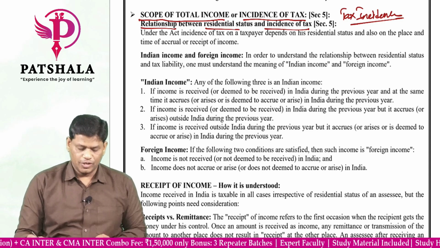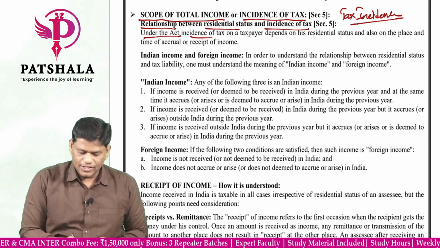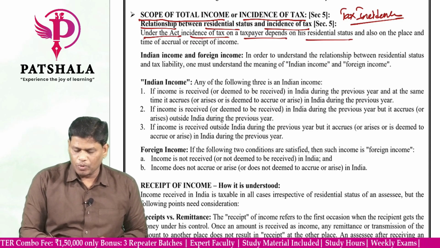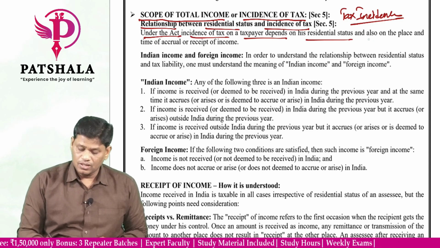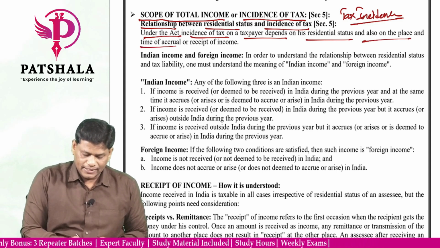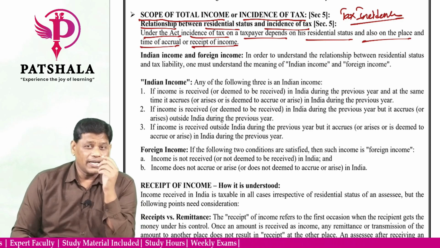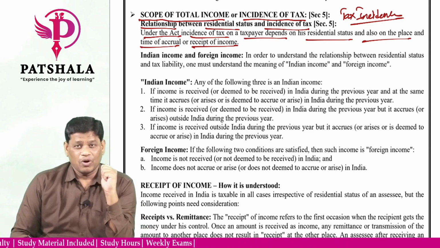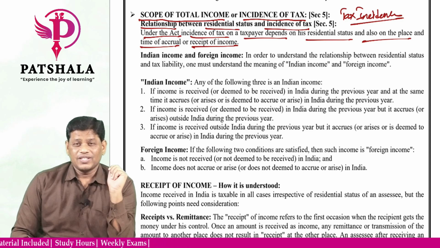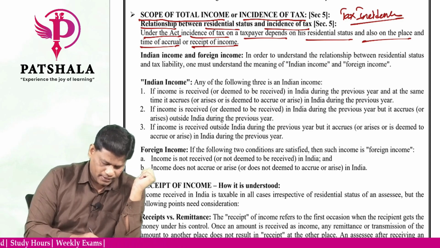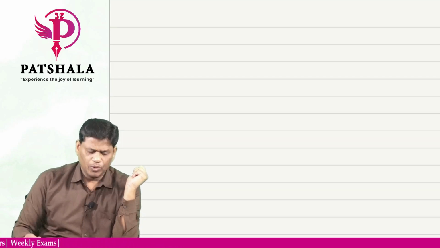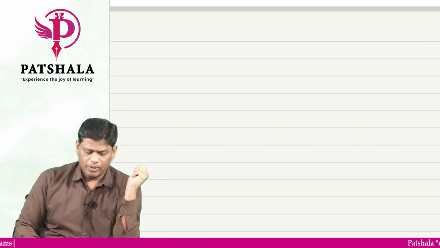Under the Act, incidence of tax on a taxpayer depends upon his residential status and also the place at the time of accrual or receipt of income. So one has to understand what this place and time of accrual of income is and what this receipt of income is. For that, before we proceed with the theory, let me explain certain things.